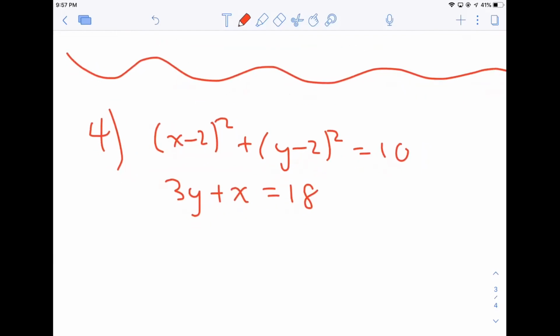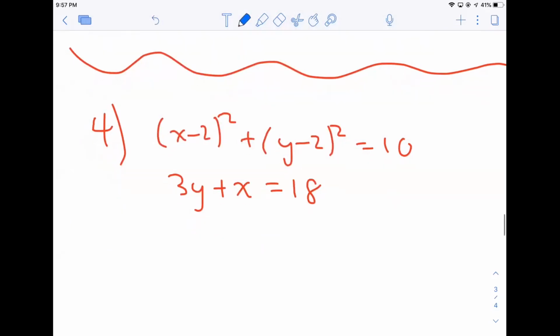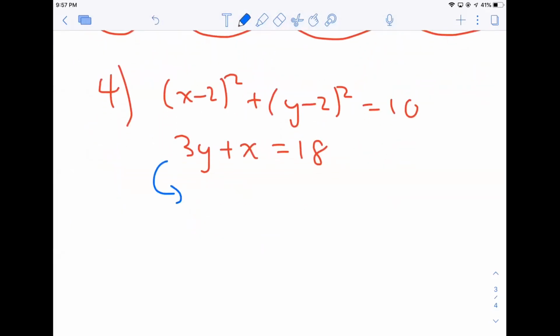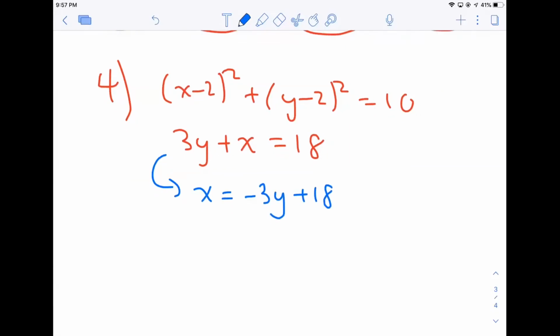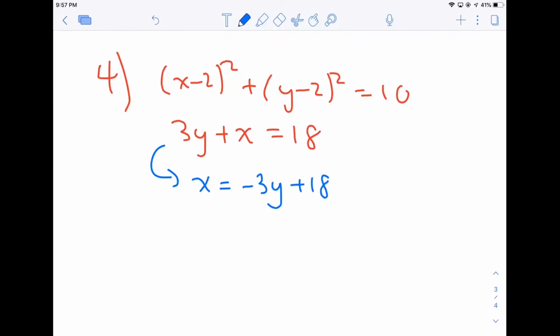Again, we're going to take our linear equation and solve for one of the variables. In this case, I think it's easier to solve for the x term rather than the y term. So I'm going to say x is equal to negative 3y plus 18. We take that and sub it into the first equation.